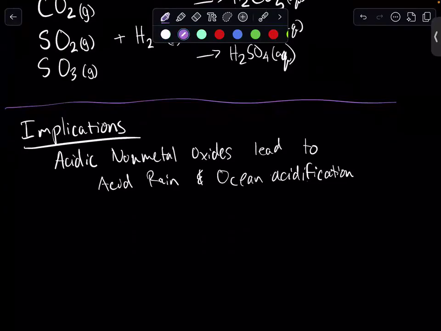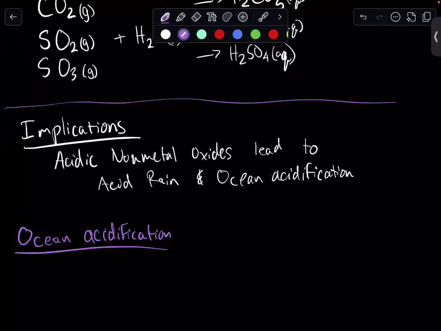So we're going to start off with ocean acidification, even though I wrote that second. If we look at the reaction that we're going to be talking about with this ocean acidification, it comes from the accumulation of carbon dioxide, CO2 gas, in the atmosphere.